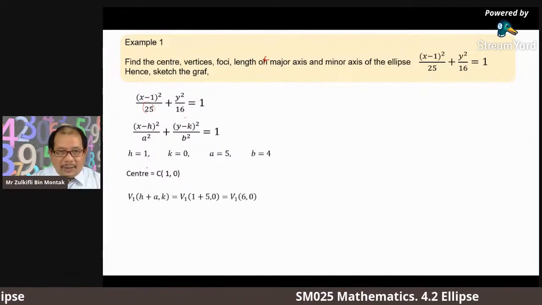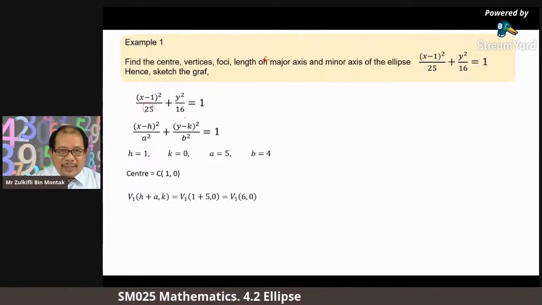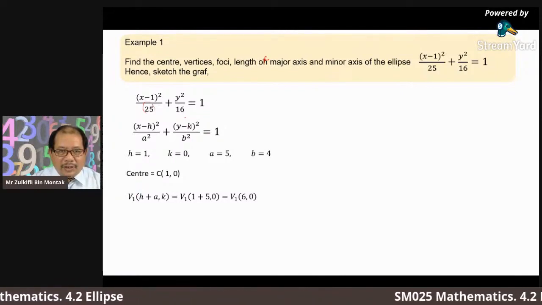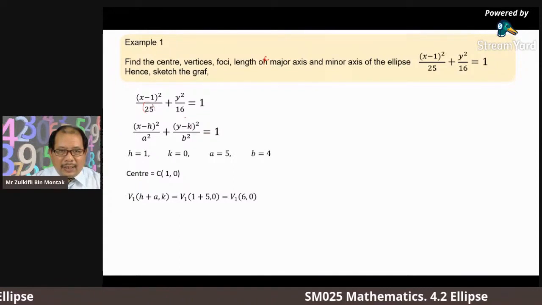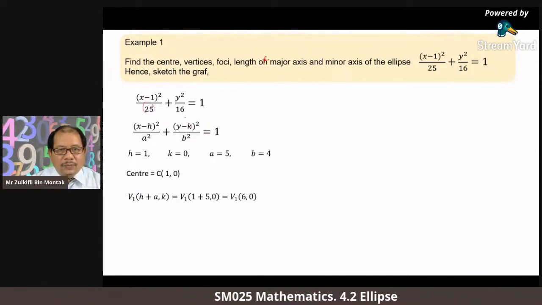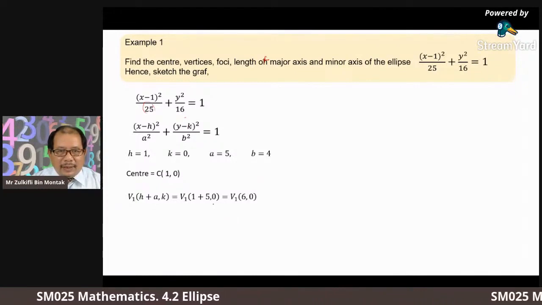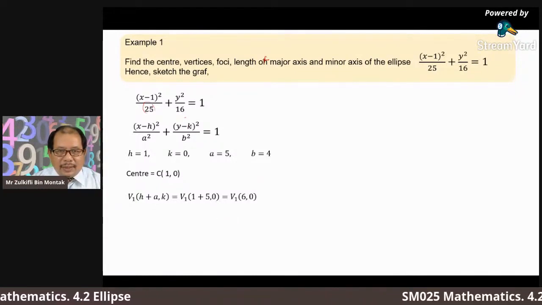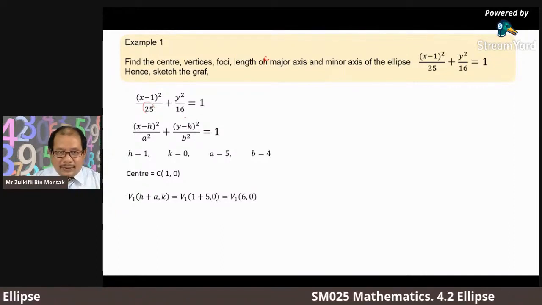This is the first vertex, (h plus a, k), so h equals 1, a equals 5. So 1 plus 5, and k equals 0. Now we get the first vertex is (6, 0).